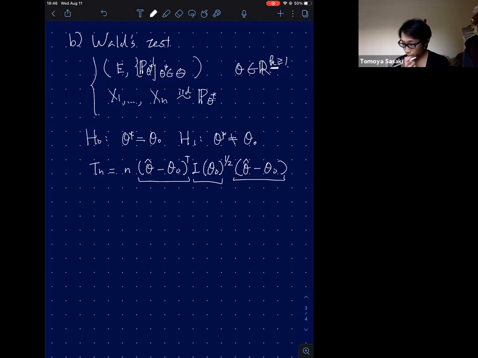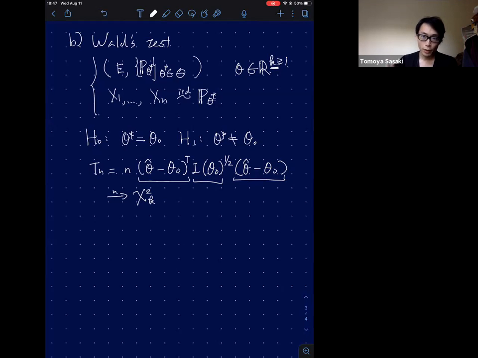And we also know that this is going to converge in the limit to a chi-square distribution with degrees of freedom k. So this is what we know about the Wald statistic and the Wald test.